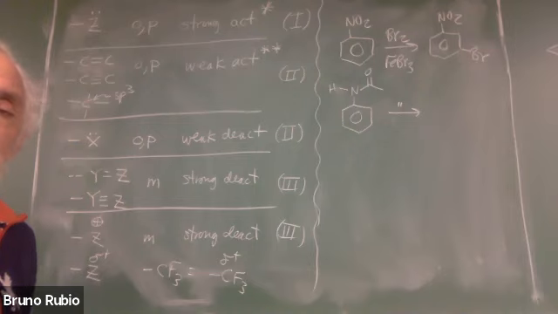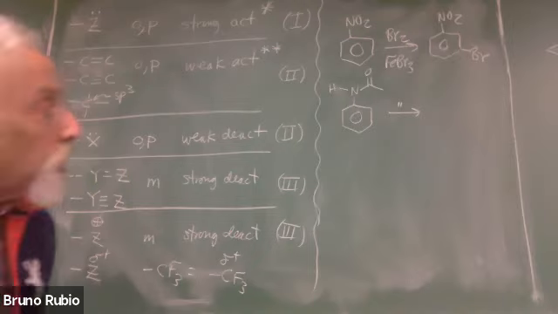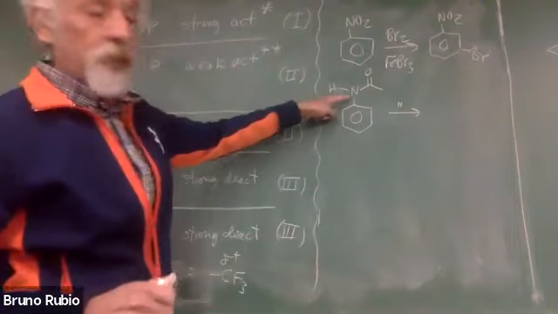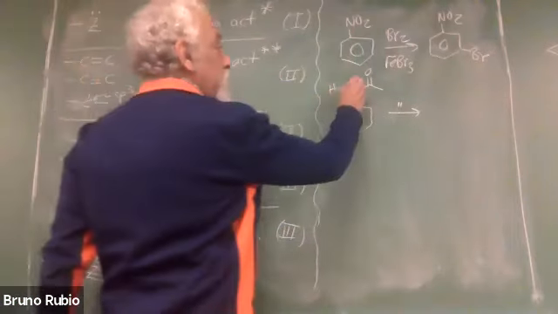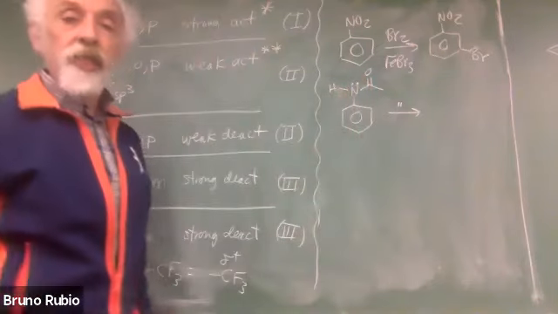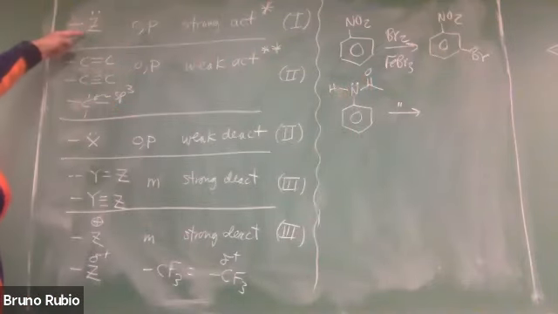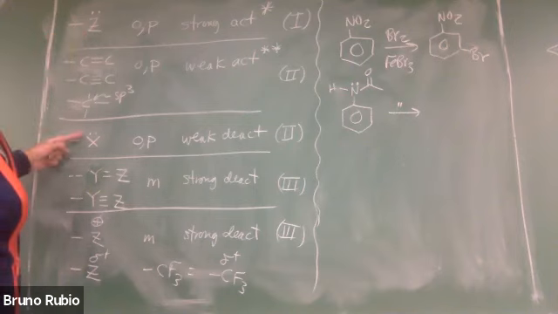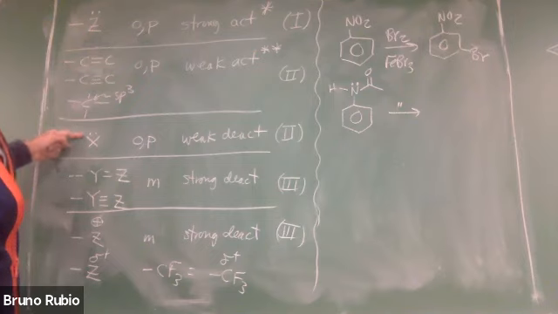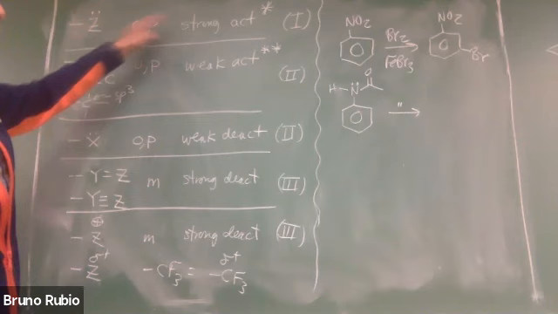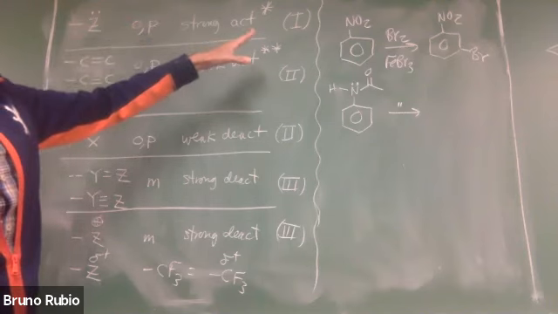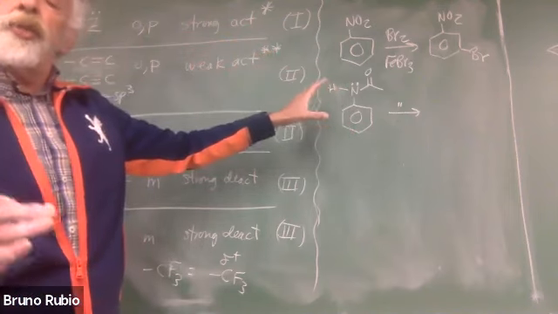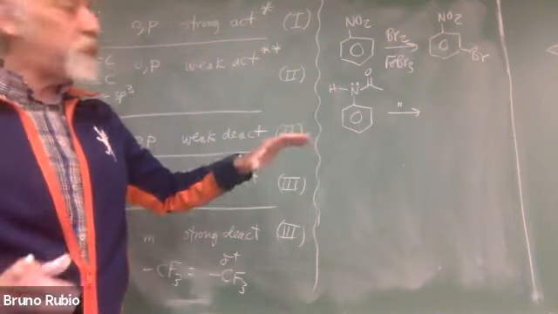Acetamido, ortho-para or meta-directing? The key is to look at the atom directly bonded to the benzene ring, which is this nitrogen atom. And this nitrogen atom has an unshared pair of electrons on it, right? That puts it into this category. And is nitrogen a halogen? No. So it's not in here, right? It's an ortho-para, strong activator, class 1. So this guy is steering the new Br to the ortho positions and to the para positions.